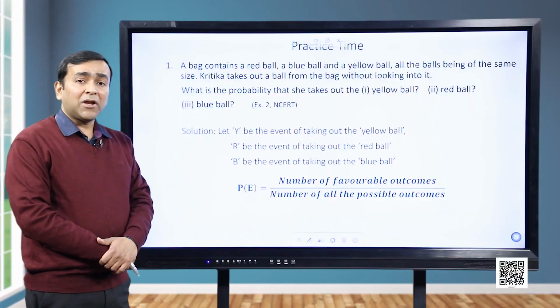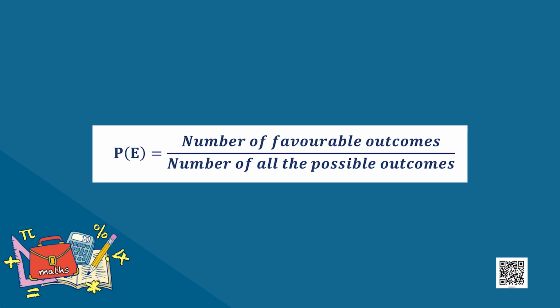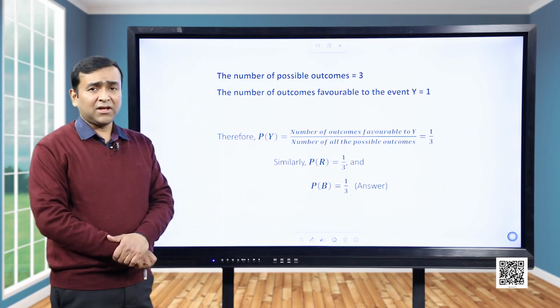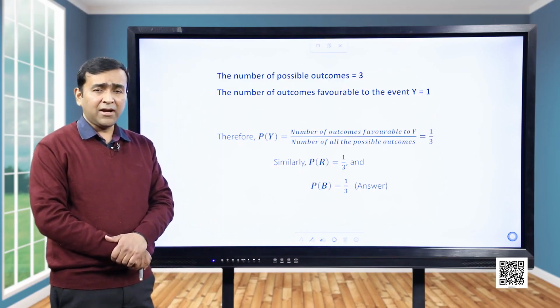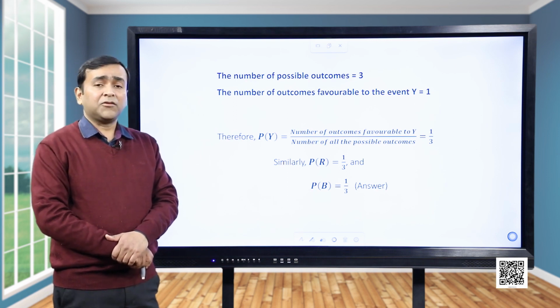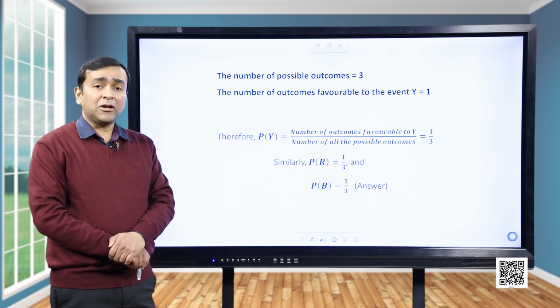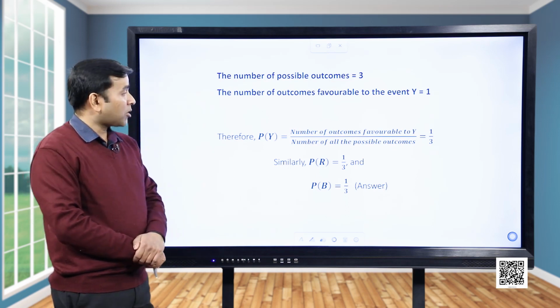So we use the formula P(E) equals number of all the favorable outcomes upon the number of all the possible outcomes. Since we have 3 balls in the bag, yellow, blue and red, the possible outcomes is 3, and the number of favorable outcomes of taking out the yellow ball is 1. So what is our probability?